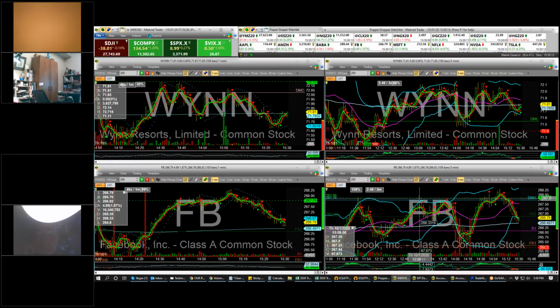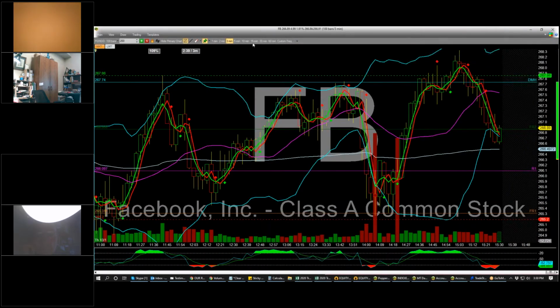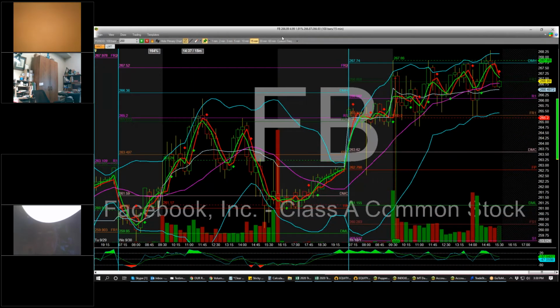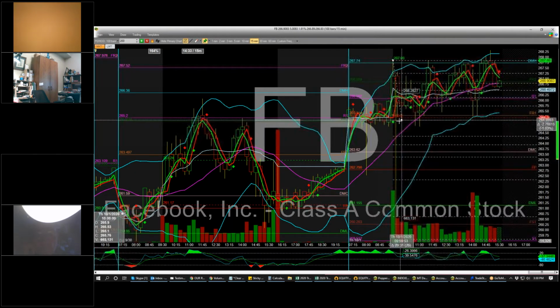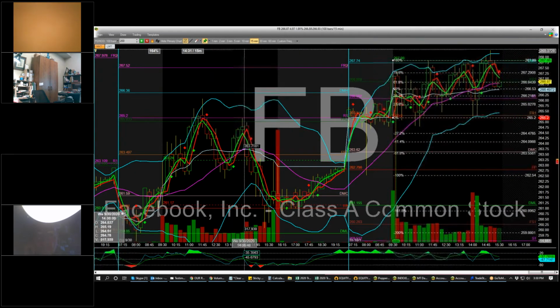Okay, so here's a great example, right? Facebook. First of all, let's also draw our first 15-minute fib levels, just so you can see them.